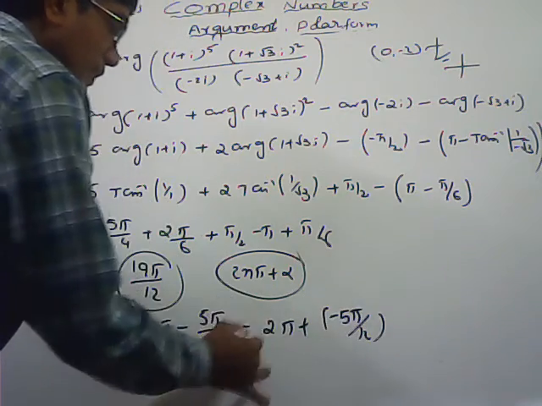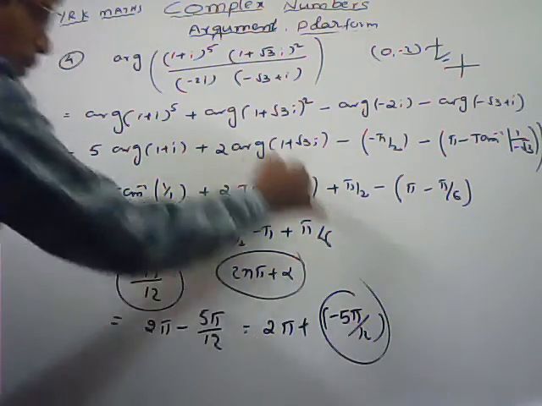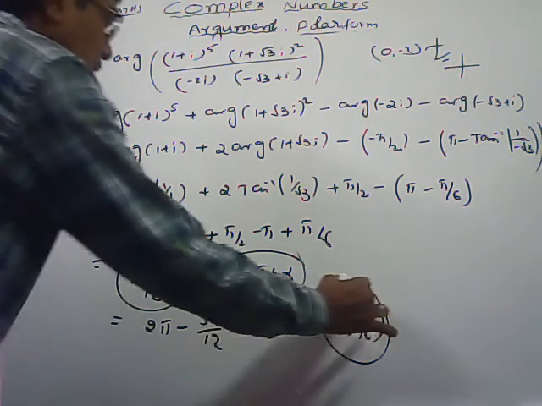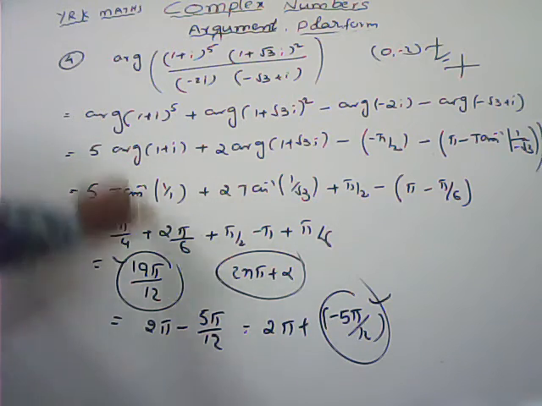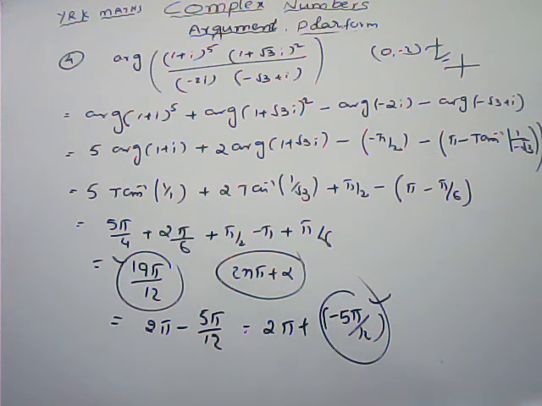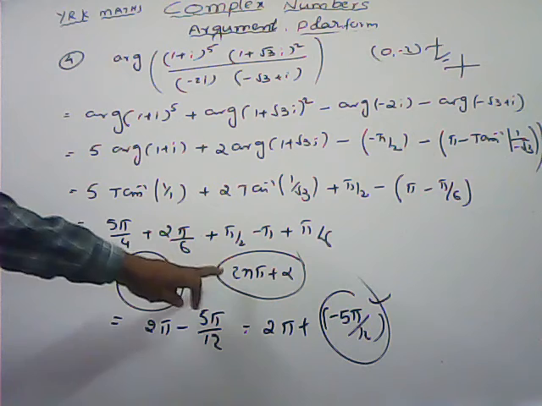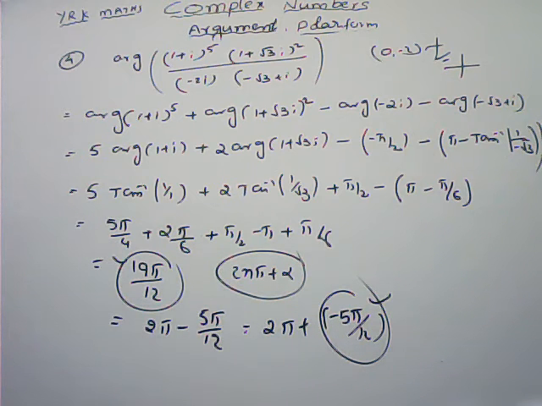Now here you can see 2n pi plus alpha, where alpha, the principal value of the argument, minus 5 pi by 12 lies in between minus pi to pi. So this is the principal value of the argument. This is the general value of the argument of a complex number. Whenever they ask for the principal value of the argument, and if you get more than pi, you can write it in the form 2n pi plus alpha.